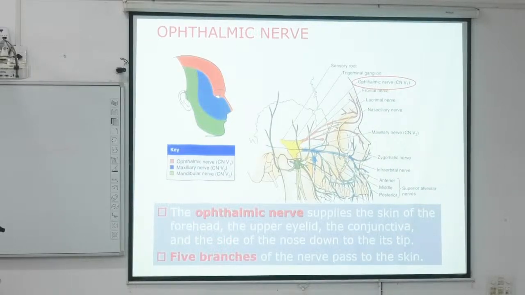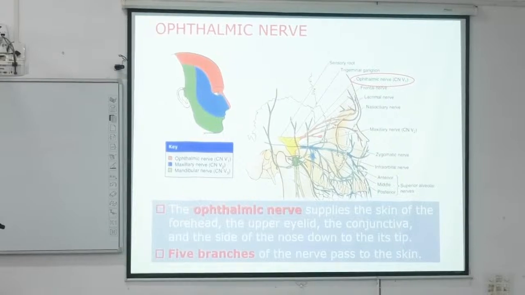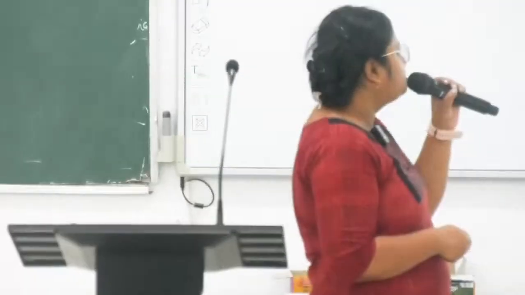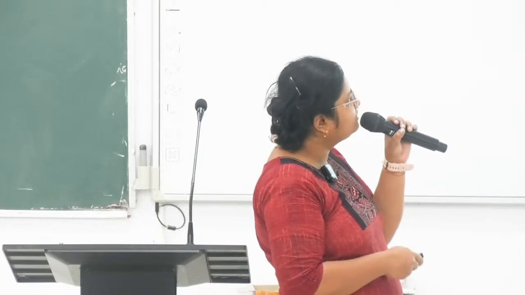This red colored one is the ophthalmic division. The ophthalmic nerve supplies the skin of the forehead, upper eyelid, the conjunctiva, and the side of the nose down up to its tip, and it gives 5 branches that pass to the skin. You have discussed the 5 branches in the previous picture.